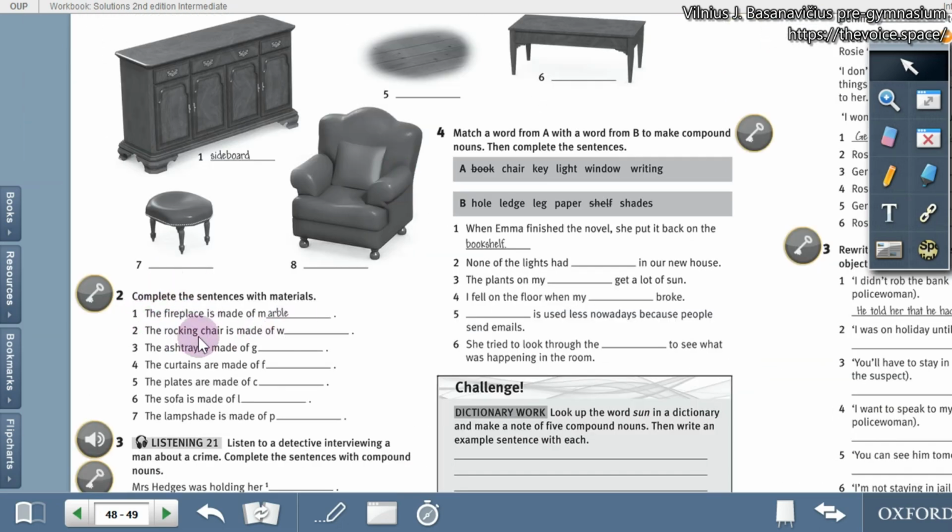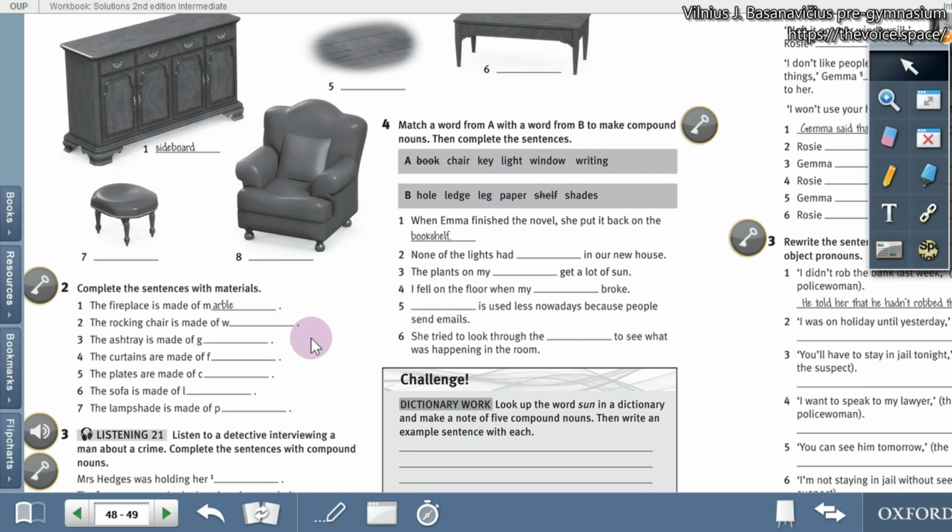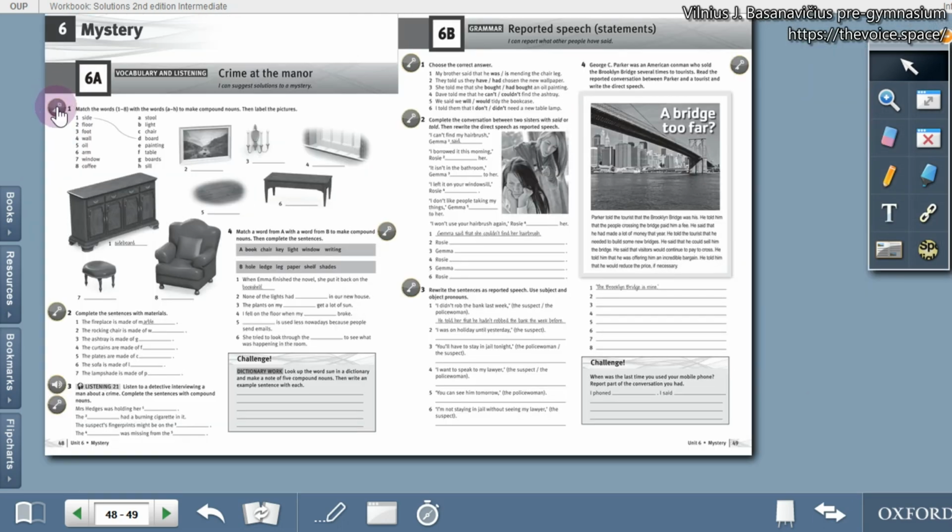Exercise 2, you need to complete the sentences with materials. You need to know them by heart by now. Then exercise 4, you need to match a word from column A with the word from column B to make a compound noun. And then you need to complete the sentences. So let's try and check from exercise 1.